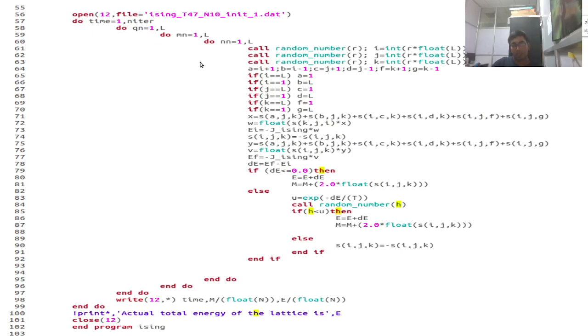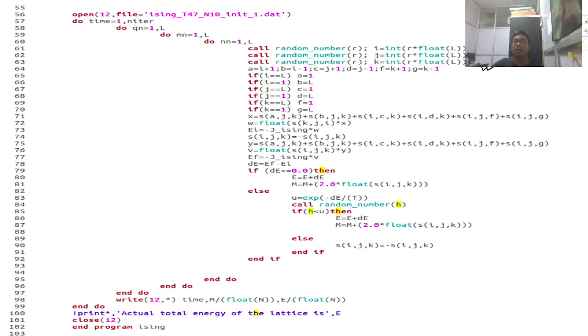Then I am again taking 3 loops, and this time I am calling random number r 3 times, and each time I am basically locating the position of a spin which I am going to flip, and that will be in a random manner. So ijk will give you that particular lattice site at which I am going to flip the spin, and see whether that flip is associated with a minimization of the energy, or it will increase the energy.